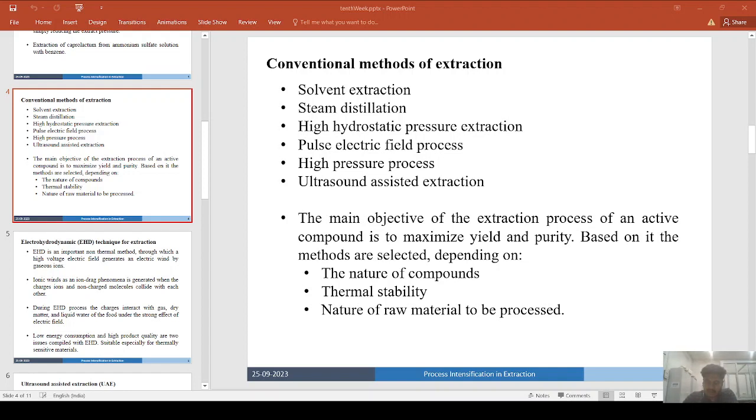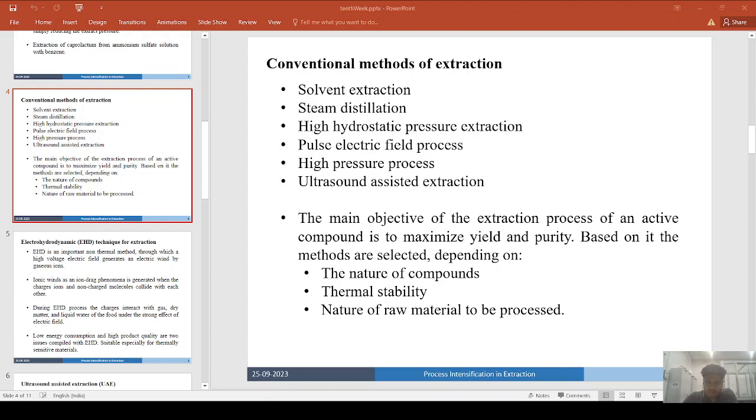So you need to devise a new, novel, and intensified way to perform extraction without harming the environment, and also within the government's health regulatory requirements. That is why you need to perform intensification of extraction.